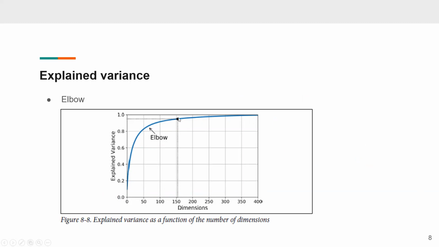After 150, even if you increase more, it doesn't help much to improve the variance explained. With 150 dimensions, you're already able to explain around maybe 95 or 98% of your original variance, versus the original data with 400 dimensions, which explains 100% of your variance. That tells you it's perfect to reduce your dimension to maybe 150.